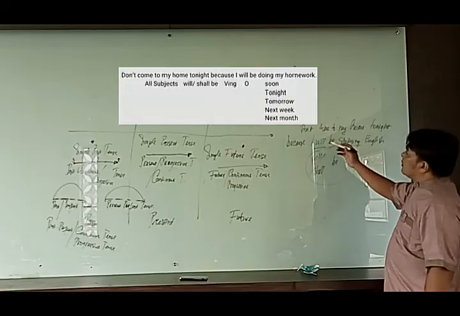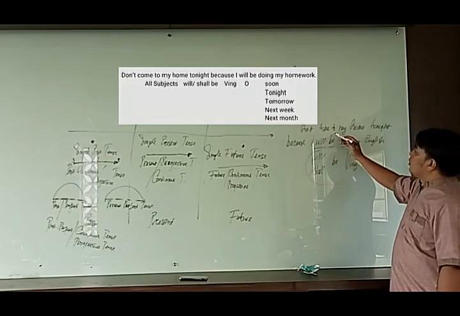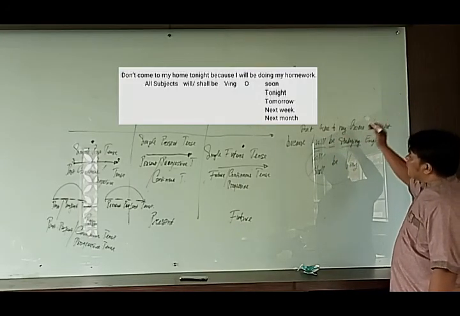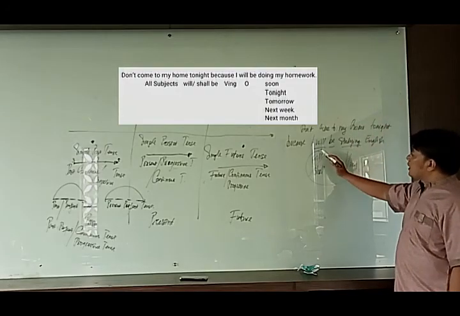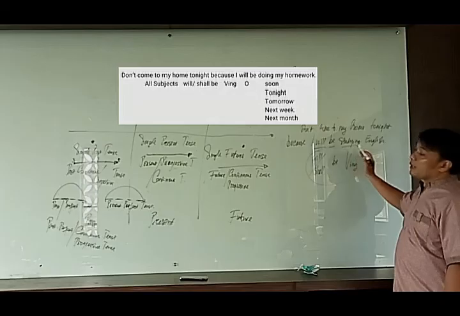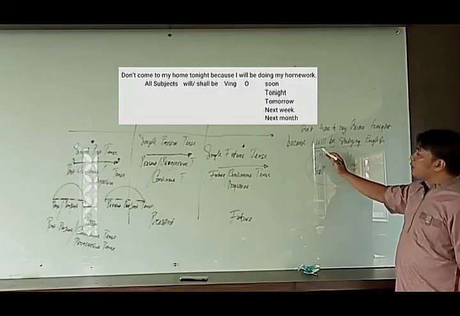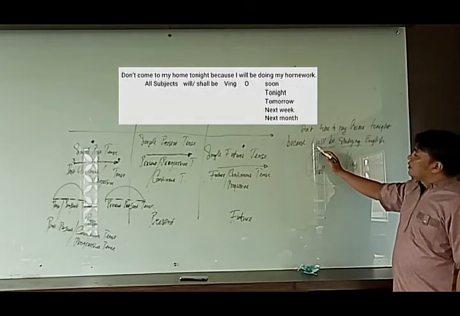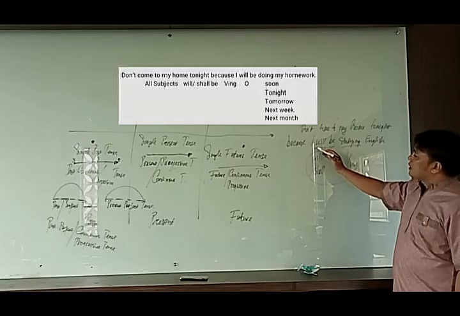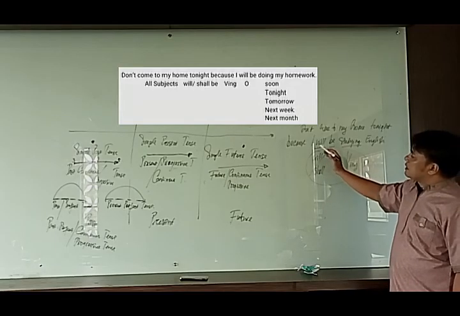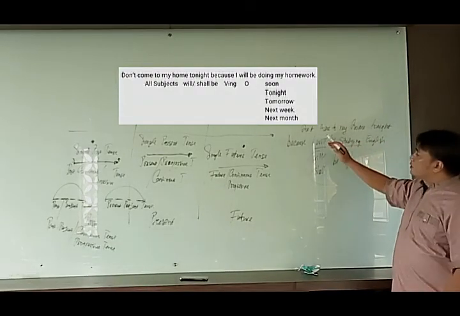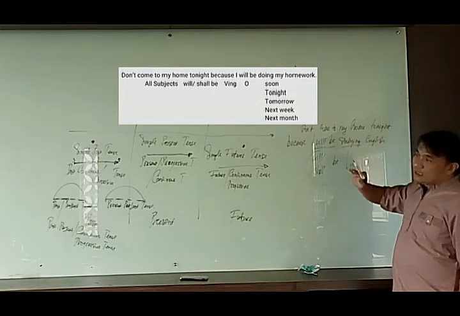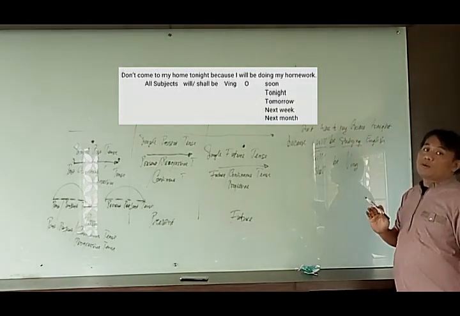nanti kamu datang, ya, kemungkinan kamu datang nanti malam, itu saya sedang belajar, atau dalam terjemahan satu persatunya, saya sedang akan belajar. Belum belajar, ketika saudara datang nanti malam, saya sedang belajar, kira-kira begitu.